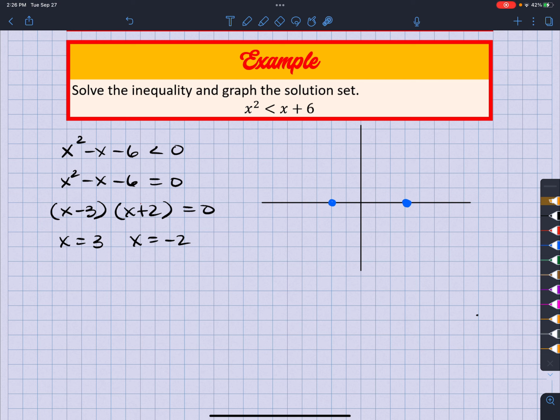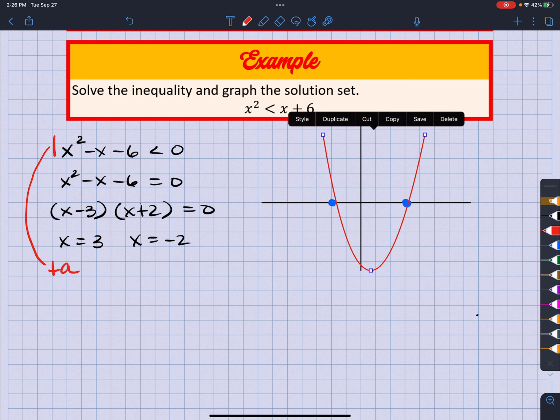The next thing, with a quadratic, is nice because I see that this A right here is positive. And if A is positive, that means I'm going to have a smiley face. I can even find my y-intercept if I wanted to, because the y-intercept is when x is equal to 0.